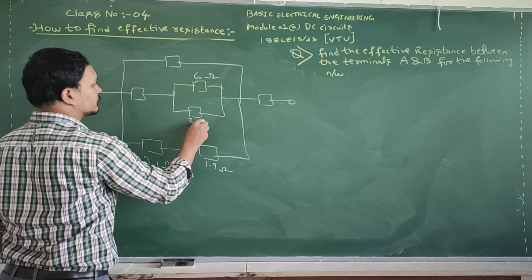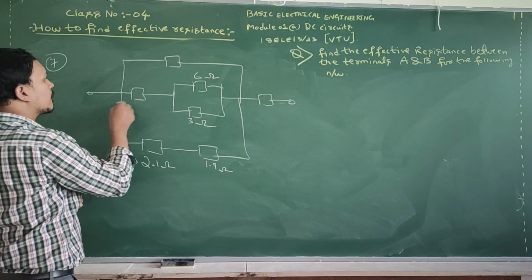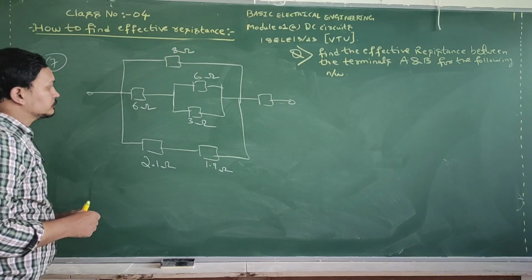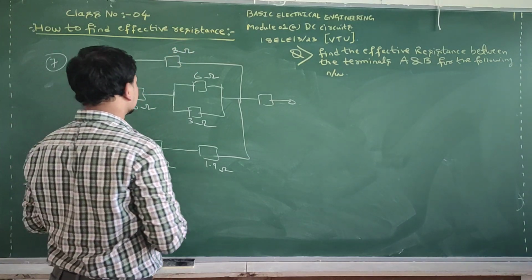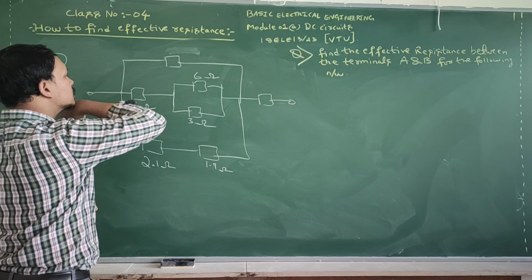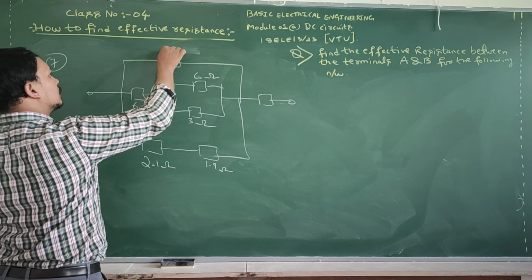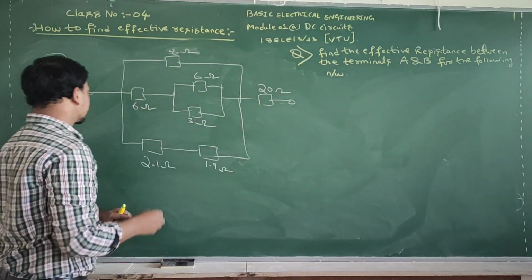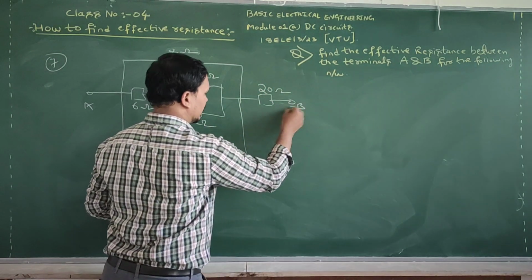Okay, 6 ohm, 3 ohm. Okay, 6 ohm, 8 ohm, okay, 8 ohms, and this one is 20 ohms. These are the terminals A and B.